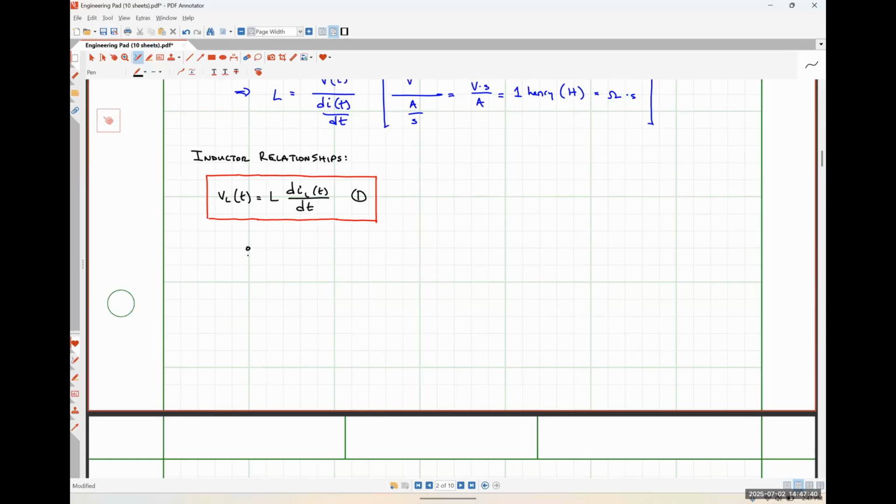So let's say, just for the sake of argument, that I have a 1 Henry inductor. This is going to be the voltage drop across my inductance. And this is the current flowing through my inductance. Okay.